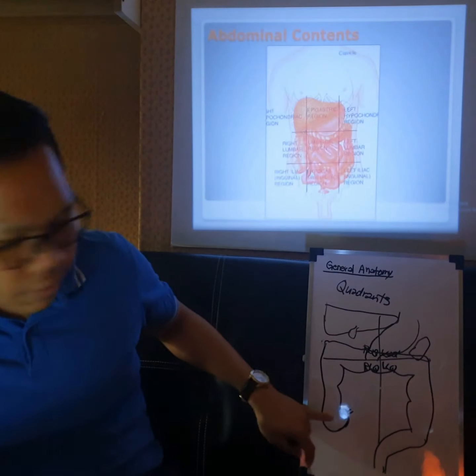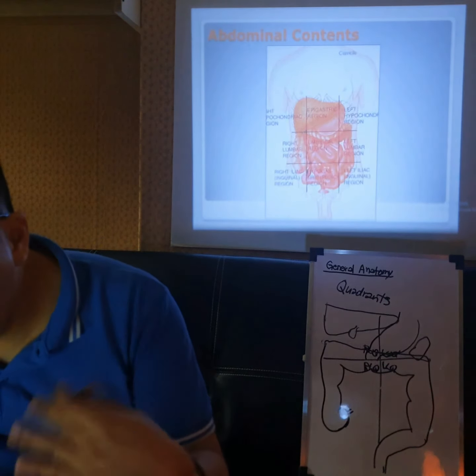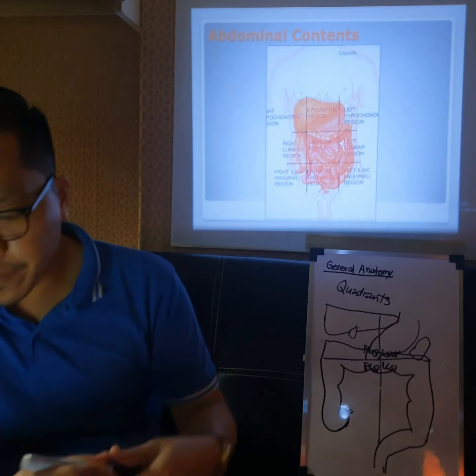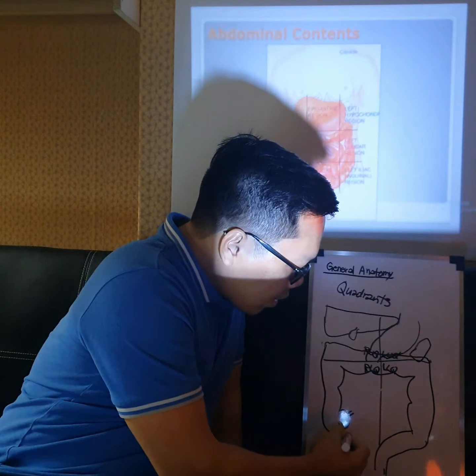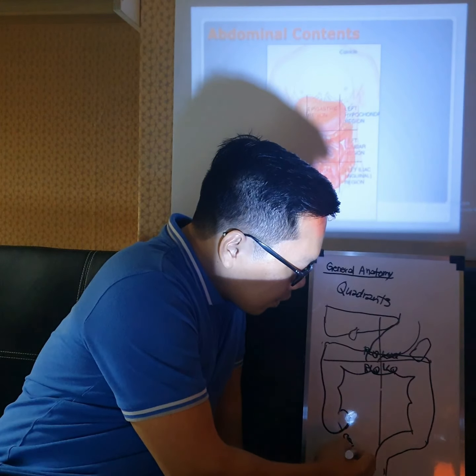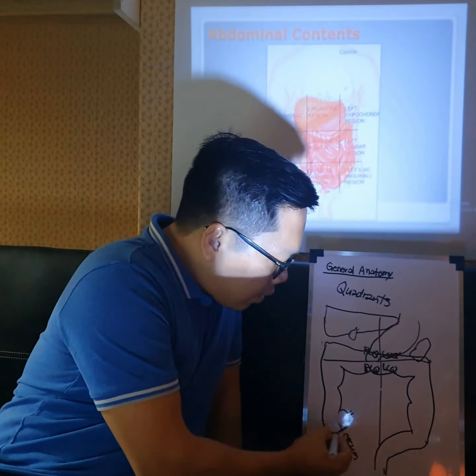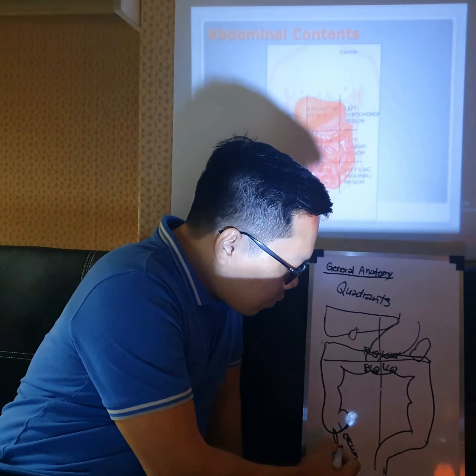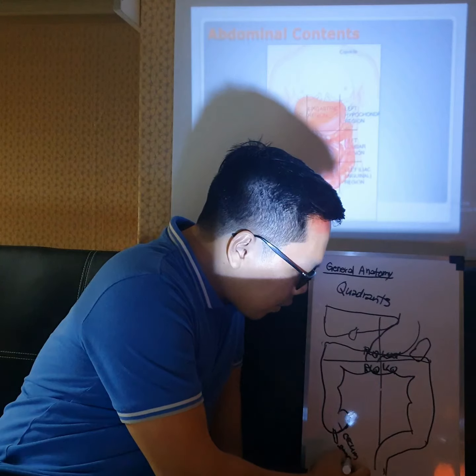And dito sa distended portion na to, what do we call this distended portion? This distended portion is called the cecum. Okay, and dito sa cecum, dito natin makikita yung finger-like projection, which is the appendix.